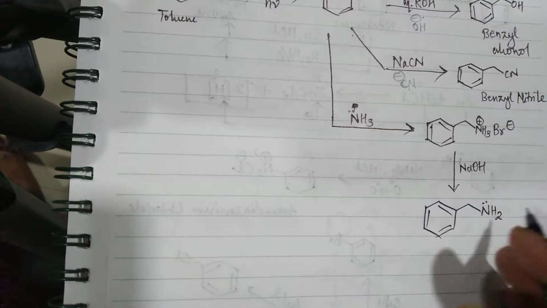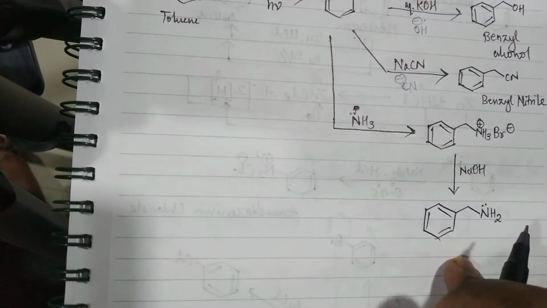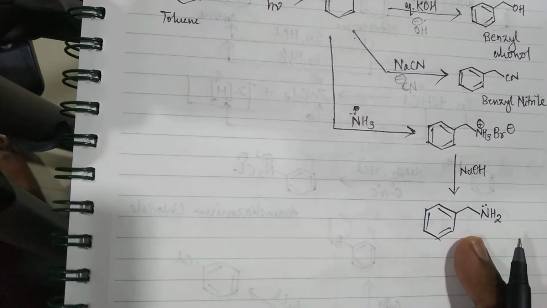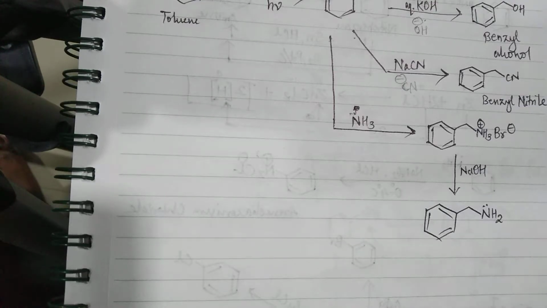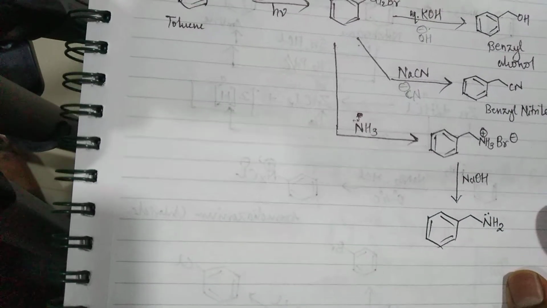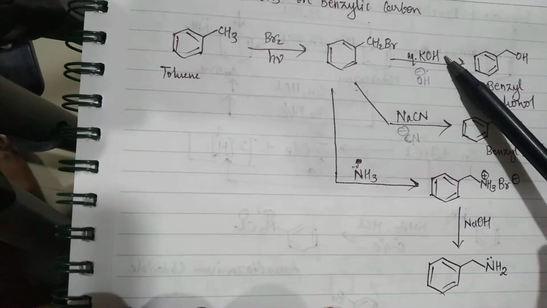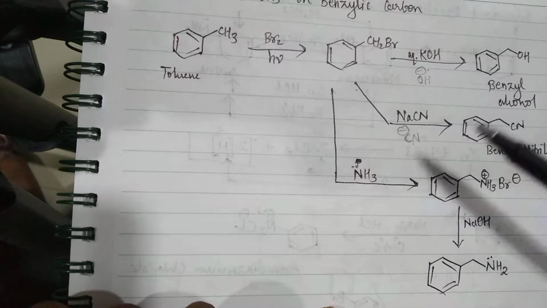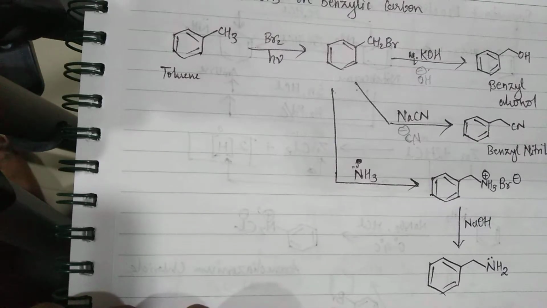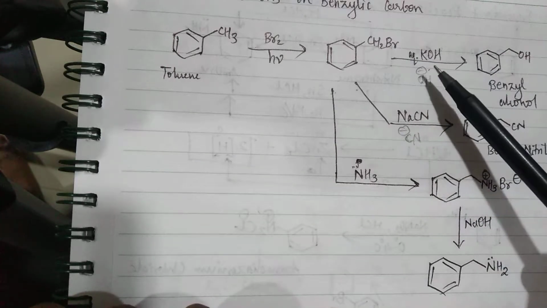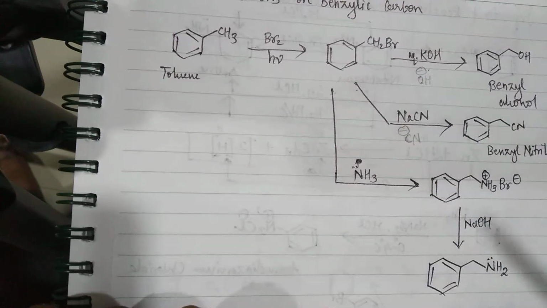To be honest, I'm not really sure about the common name for this compound. Maybe when we'll be doing primary amines and their reactions, I will give you the name for it. So these are the three prominent nucleophiles which are used in place of Br, which can be substituted.